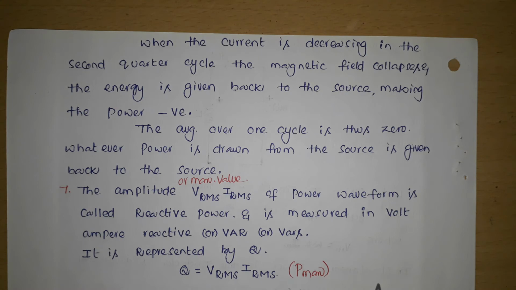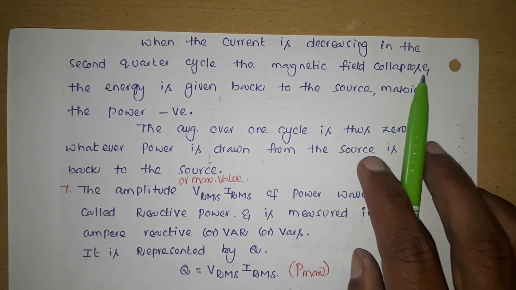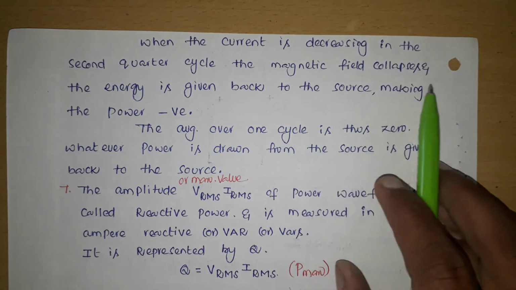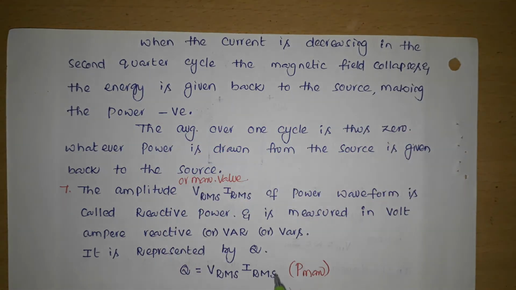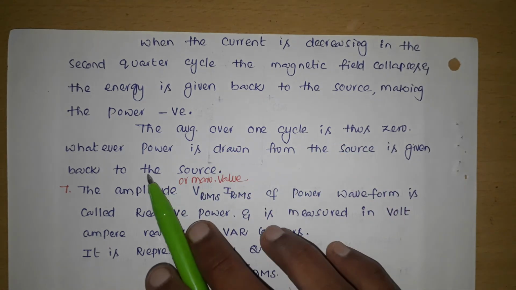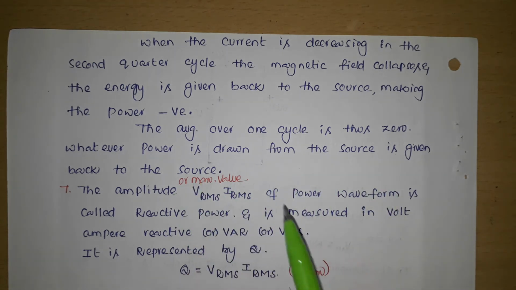When the current is decreasing in the second quarter cycle, the magnetic field collapses and the energy is given back to the source, making the power negative. So the average over one cycle is 0. Whatever power is drawn from the source is given back to the source.